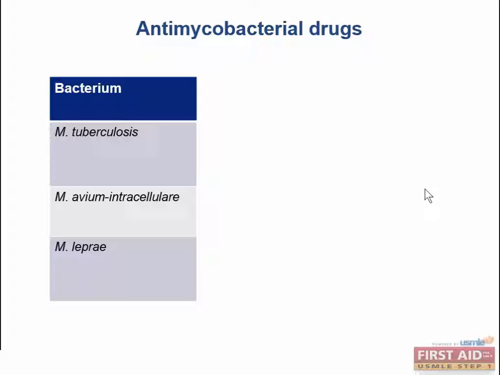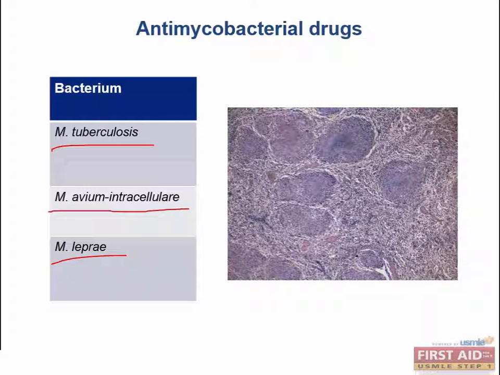The three most clinically relevant mycobacterium are Mycobacterium tuberculosis, Mycobacterium avium intracellulare, and Mycobacterium leprae. These bacteria do not cause severe disease in immunocompetent individuals. For example, Mycobacterium tuberculosis is very easily spread in the air, but it only causes active tuberculosis in a small percentage of those infected.